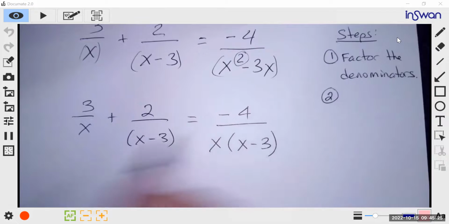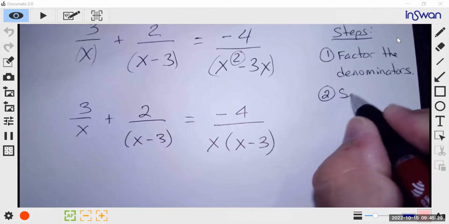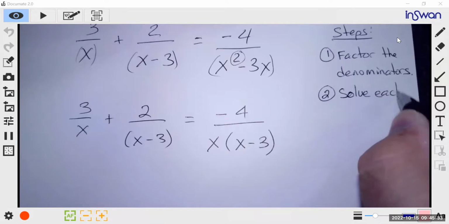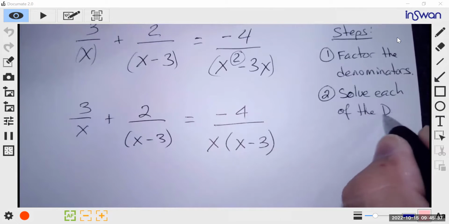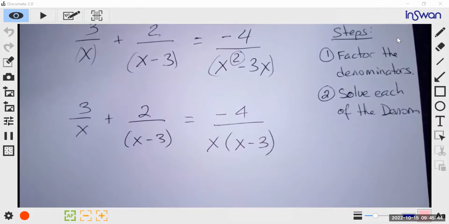The next step, once you factor out the denominators, solve each, in other words, set them equal to 0 and solve for them.